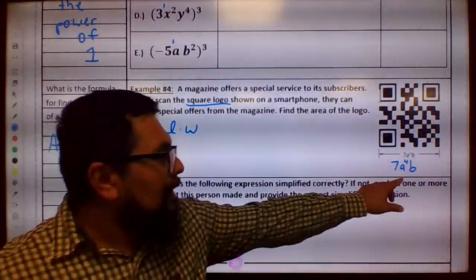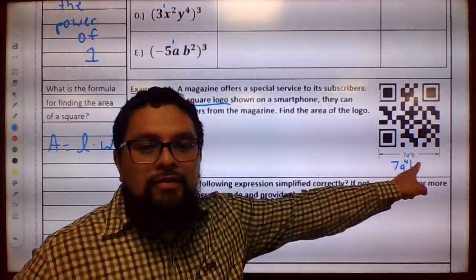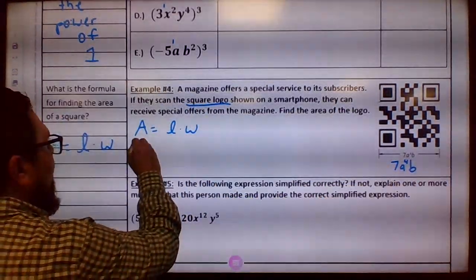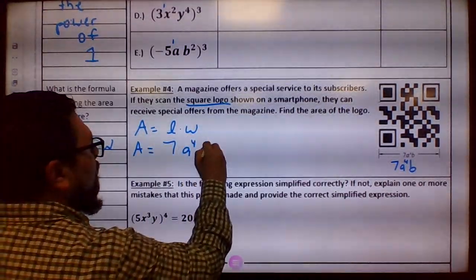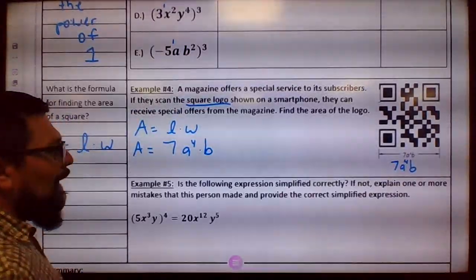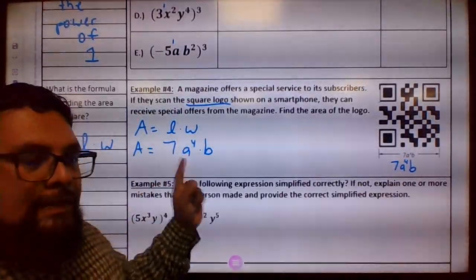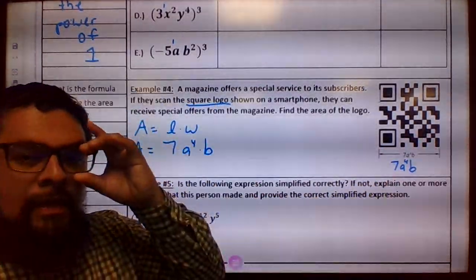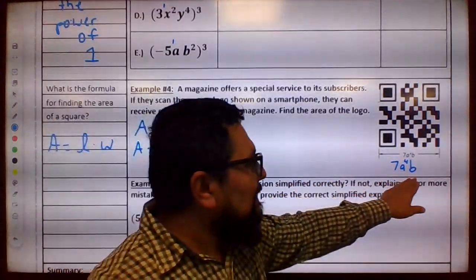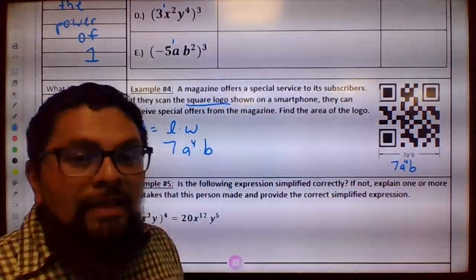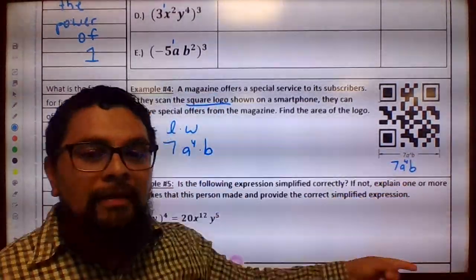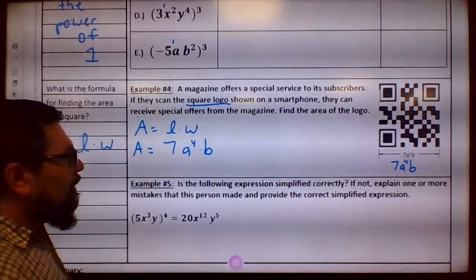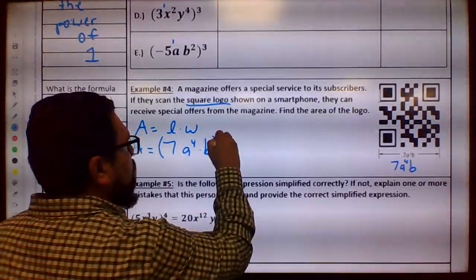I rewrote it again just in case the camera doesn't let you see that. So A equals 7a to the 4th times b. Now, this is special because it's a square, isn't it? On a square, isn't this side the same as this side? Yes, it is. So it's this by itself multiplied twice, so it's squared.